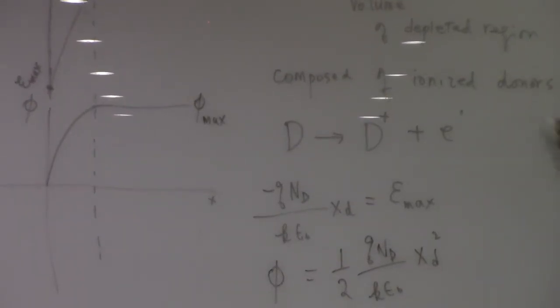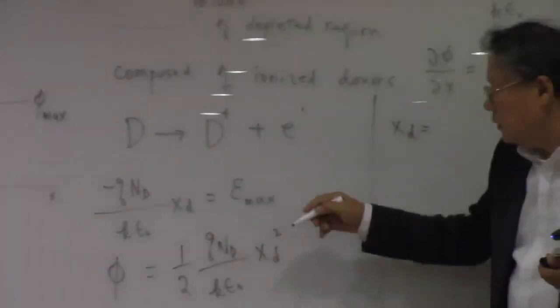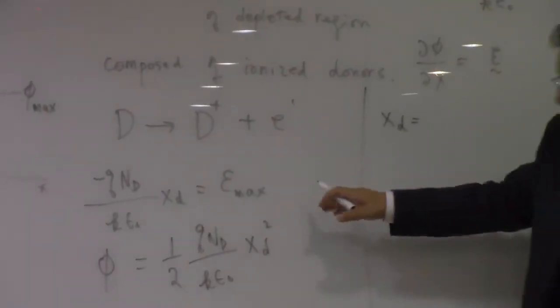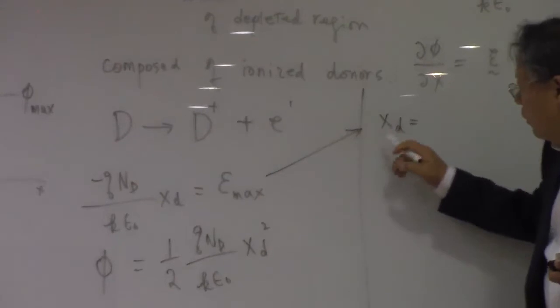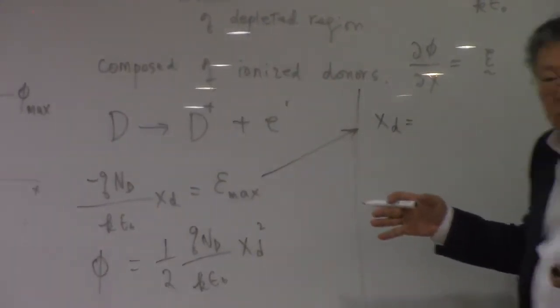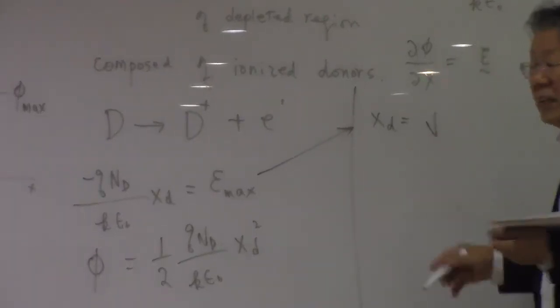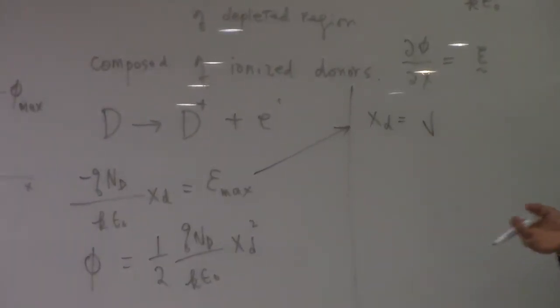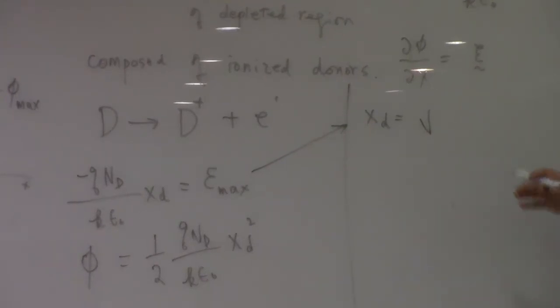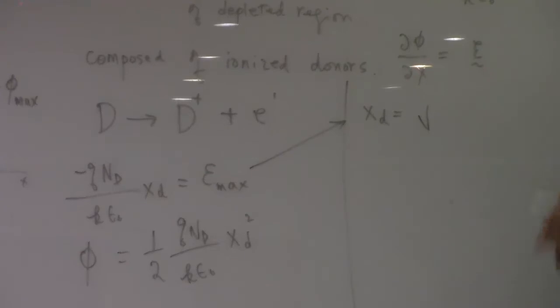All right. So the important feature of this equation is that from here you can calculate the depletion length, which is very important. You cannot see it with TEM or SEM, but there is a field inside.